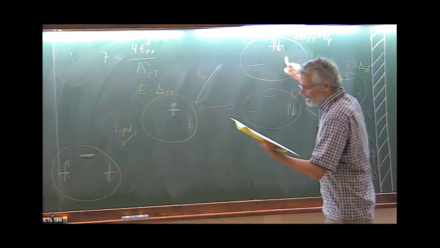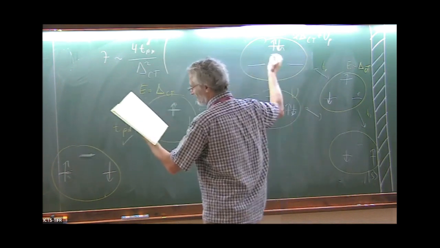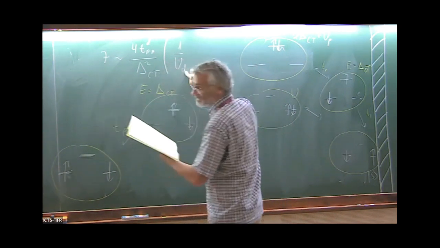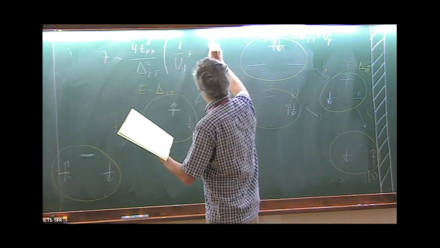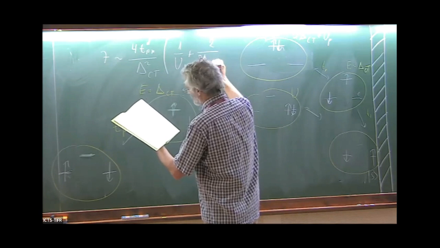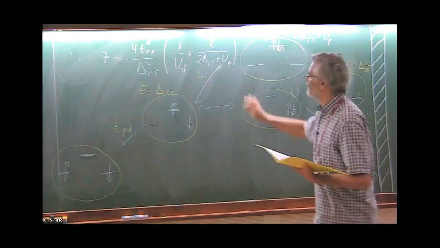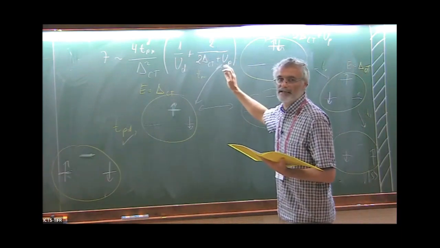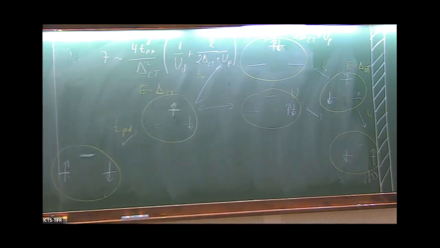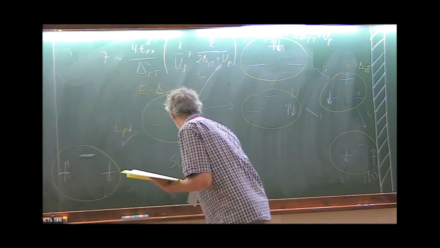And then we have the intermediate state in the very middle, which is either 1 over U of the d orbitals, or 2 delta charge transfer plus U_p. So this would be, in lowest order, the exchange interaction in lanthanum copper oxide, and this is called the superexchange process. It's just a name.